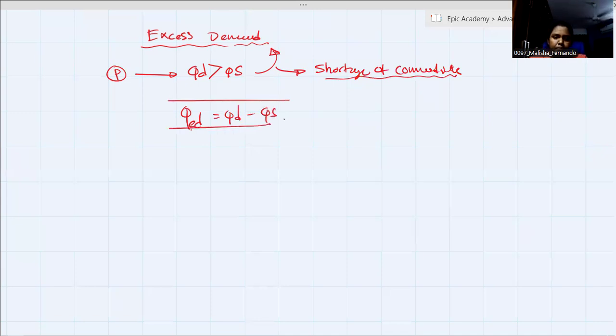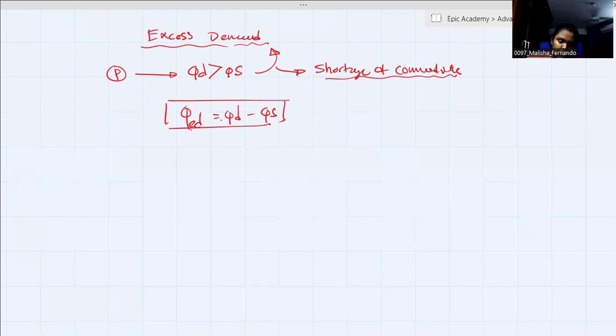So this is the equation you can use to calculate the excess demand. Very easy, right? Now we are going to calculate that position by using example equations.